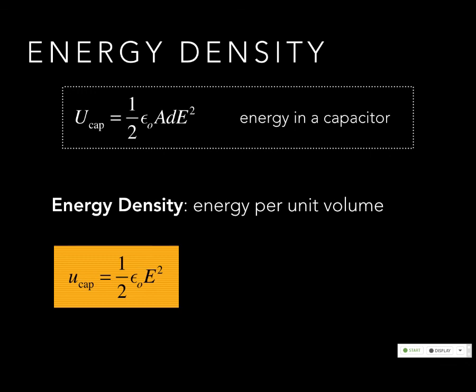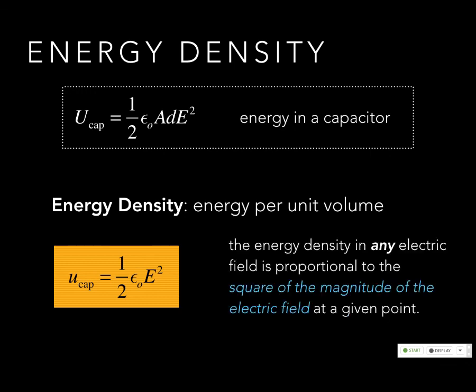So what does this tell us about the energy density? What does it depend on? The electric field, which makes sense, right? Where is the energy stored? In the electric field. So the energy density depends on the electric field. And what else does this tell us? The material, okay? So the energy density is going to depend on the material and the electric field, all right?